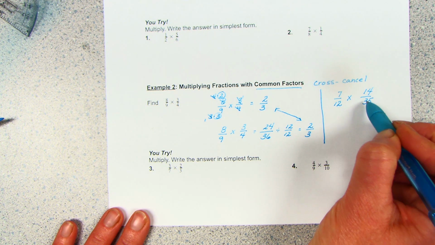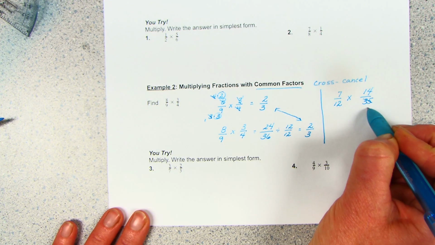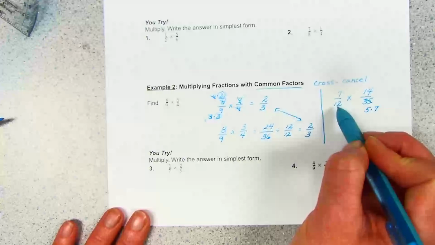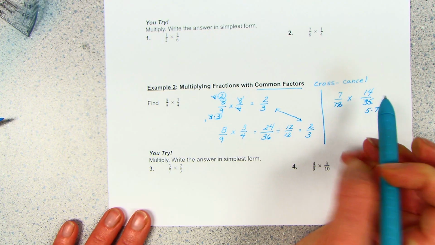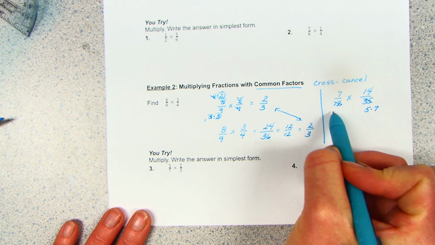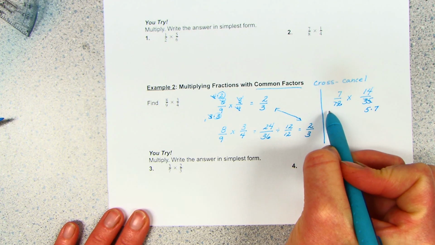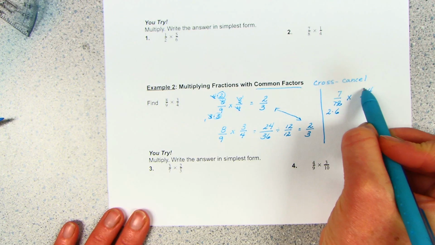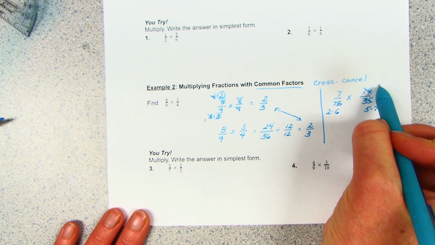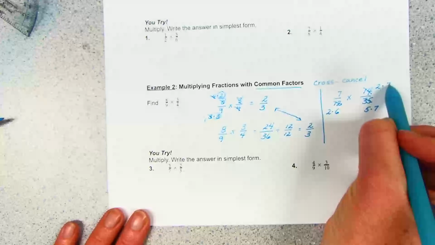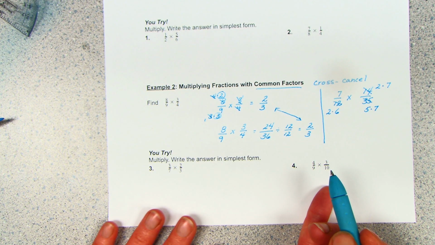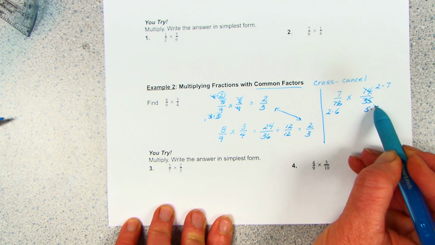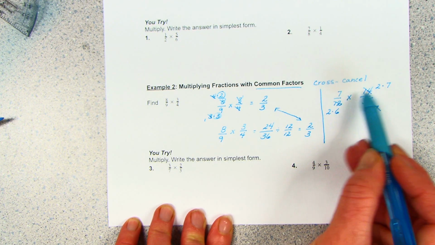But if I cross cancel, I've got 35 is 5 times 7. And I can rewrite 12 as 2 times 6. And 14 as 2 times 7. Oh, this is going to be fun. All right, so now I've got a 7 here, and I've got a 7 here, and I also have a 7 here.